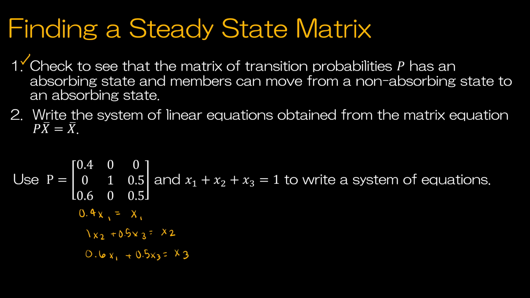So again, where did that come from? In case you didn't join us from our last video, we used the P matrix, the transition probability matrix, just as it was.